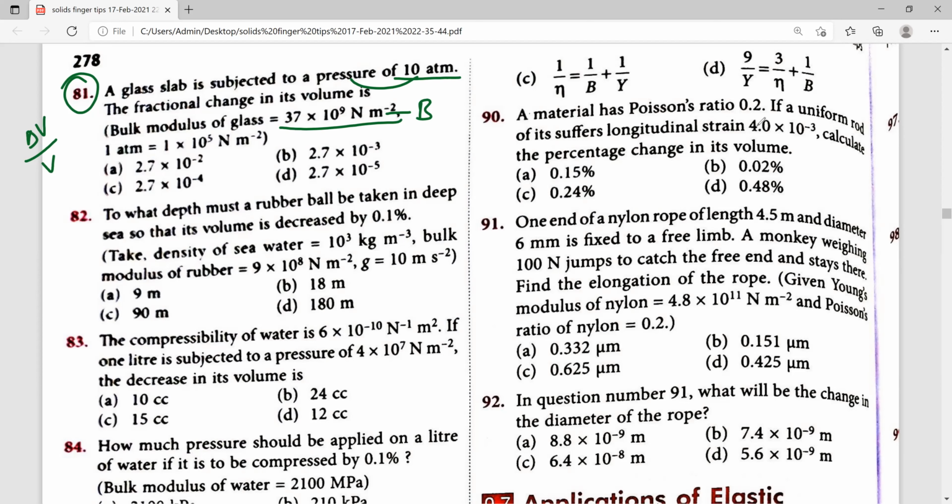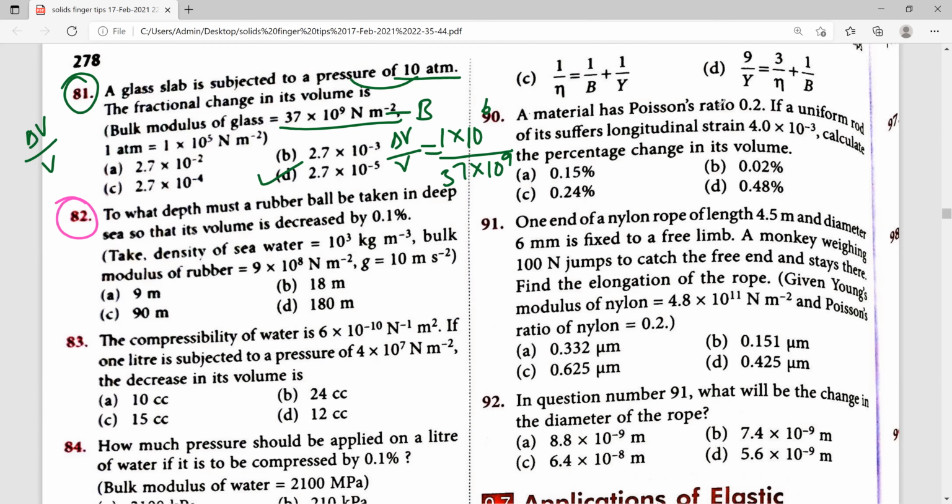Using the formula, delta V by V is equal to 1 into 10 to the power of 6 divided by 37 into 10 to the power of 9. After simplifying, we get the answer as 2.7 into 10 to the power of -5.